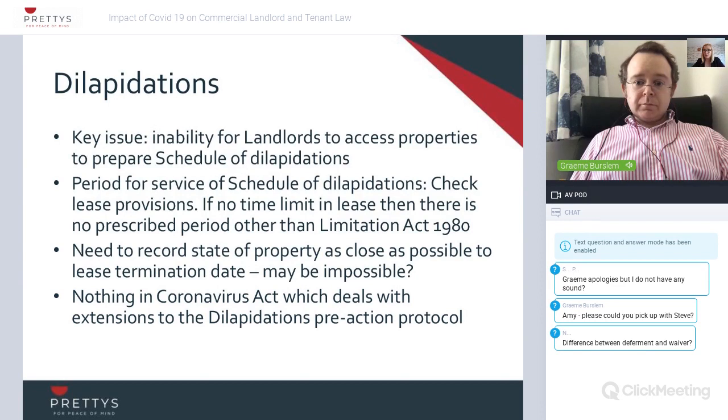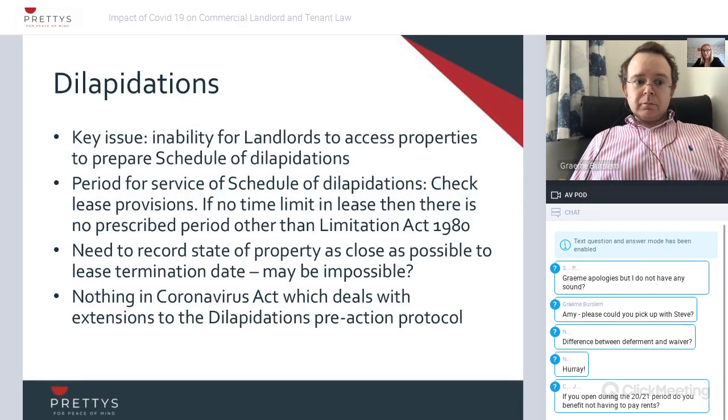So obviously, when you're talking about dilapidations, we're talking terminal dilapidations, not interim. The key thing is that you need to assess the state of the property as at the lease termination date. So it's really important, when you're preparing a schedule of dilapidations, that you're able to get access to the property.